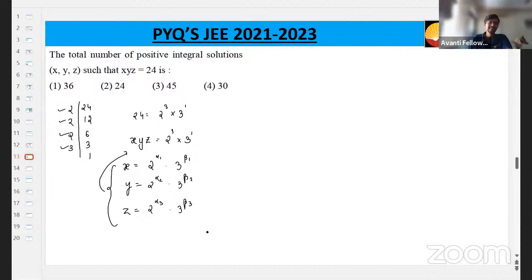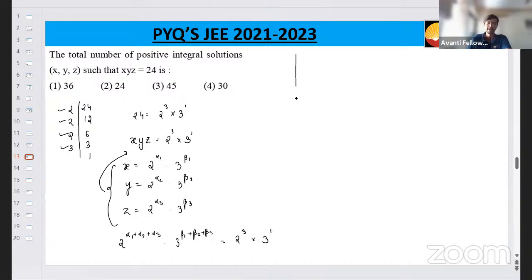Where were we? If we substitute these here, we'll get 2 raised to the power alpha 1 plus alpha 2 plus alpha 3 into, by indices, the powers will get added, 3 raised to the power beta 1 plus beta 2 plus beta 3, is equal to 2 raised to the power 3 into 3 raised to the power 1.